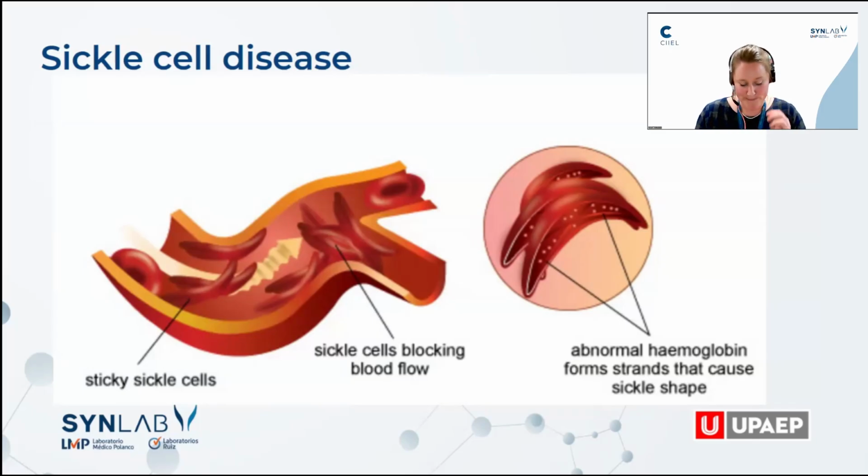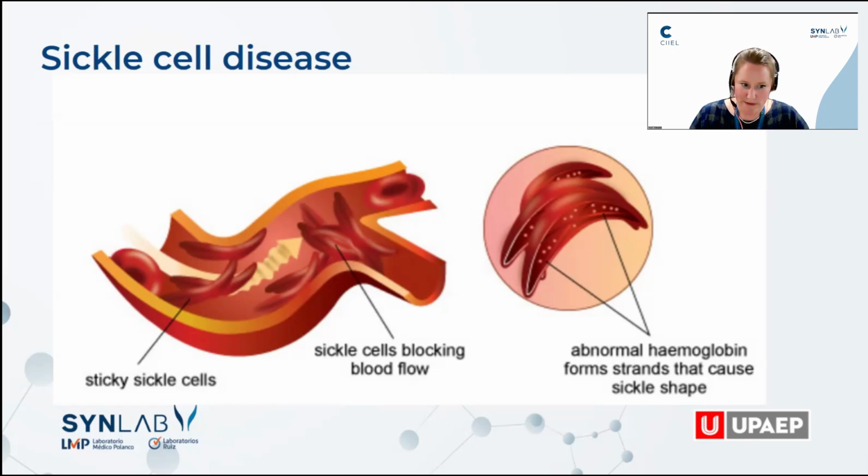Now, usually in a normal red blood cell, the cell membrane is a really complex network of proteins which allow the cell to remain flexible so that it can move within the circulatory system through all the very small capillaries and maintain the gas exchange across that membrane.